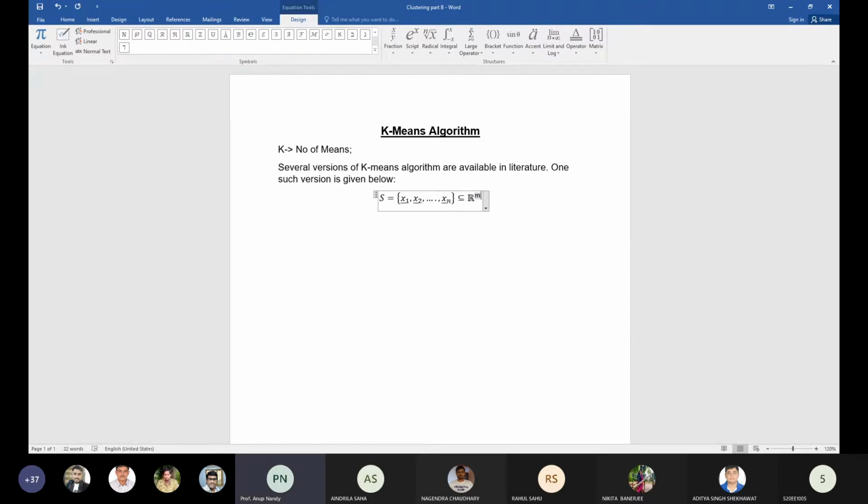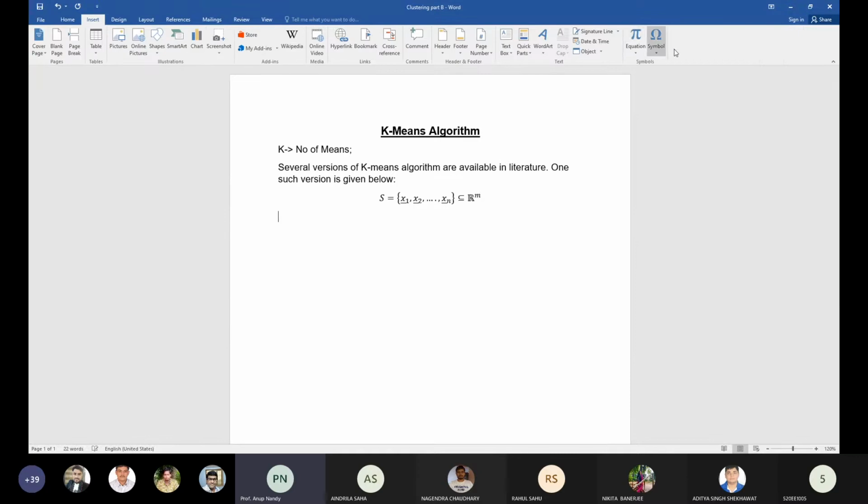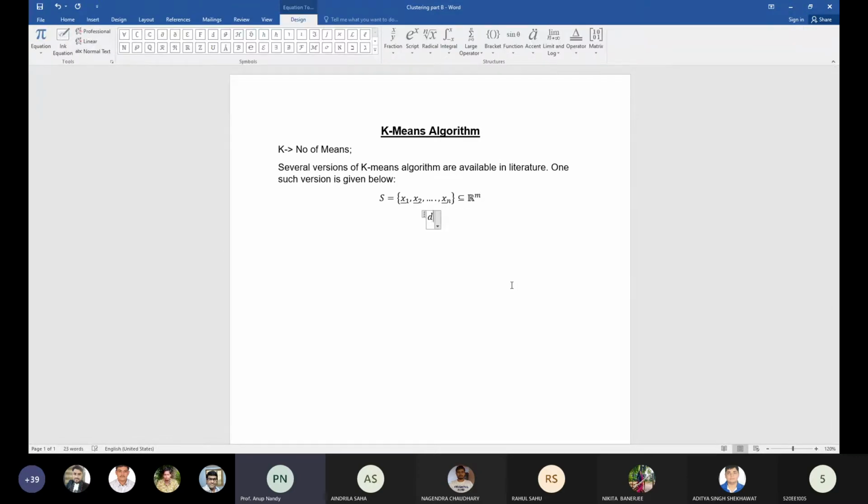You have a set of elements in m-dimensional real space. Now you have a distance d between these two elements, x and y.